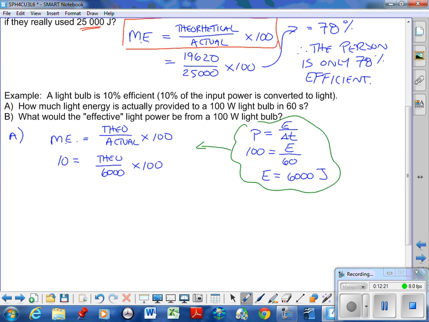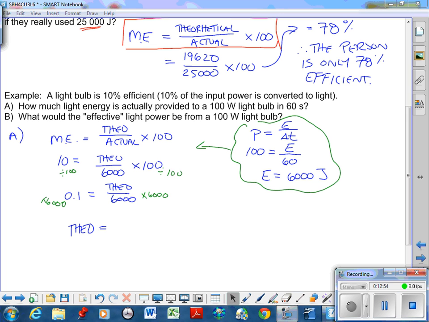Now we have to do opposite operations here. First thing is we'll divide by 100, so that gets me 0.1 equals theoretical over 6,000. Multiply by 6,000, and we get theoretical is equal to only 0.1 of that, which turns out to be 600 joules.